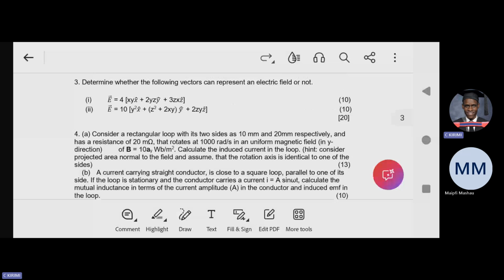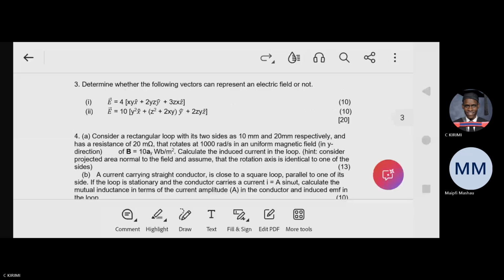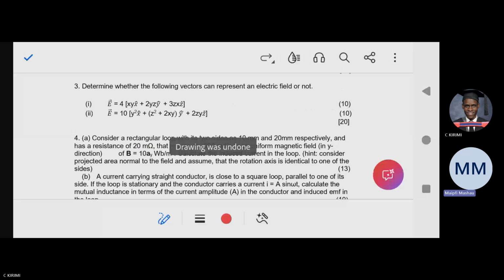I'll just assume it's milli because it says millimeter. Mega will have a capital letter M, and because it's a small letter m, it means milliohms.